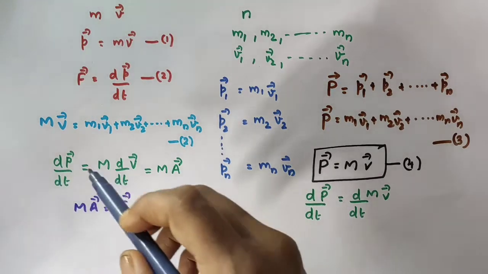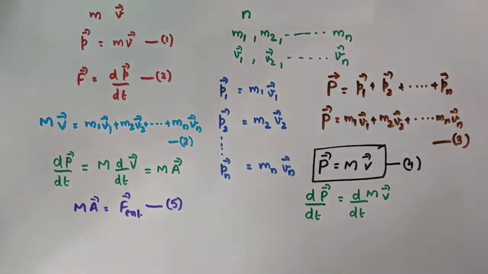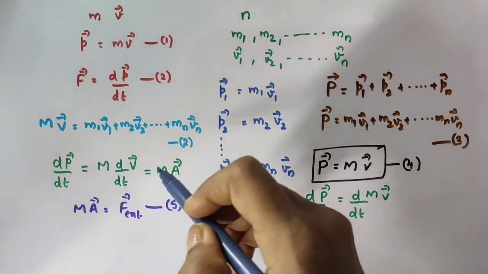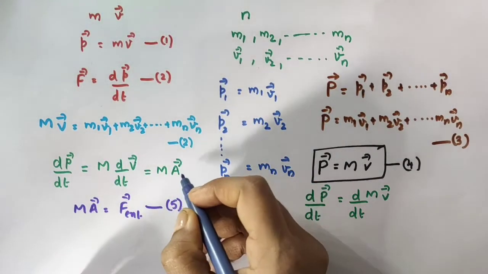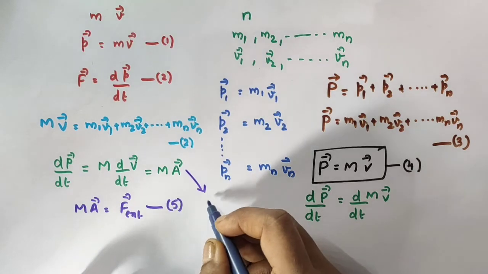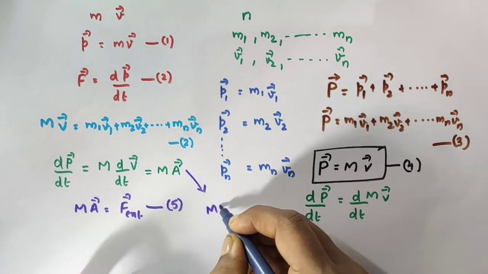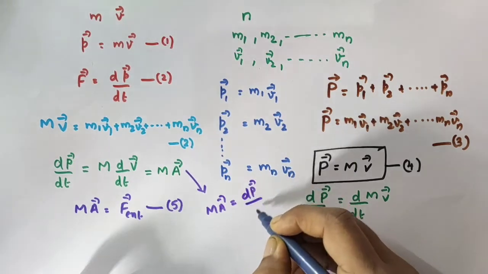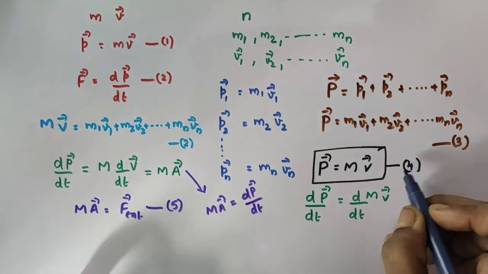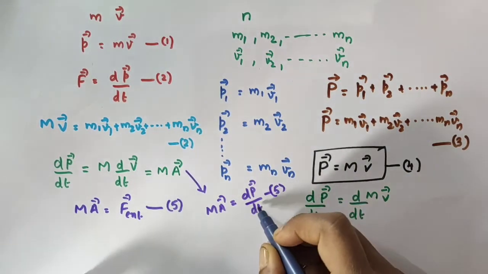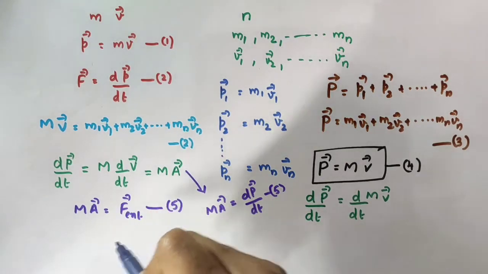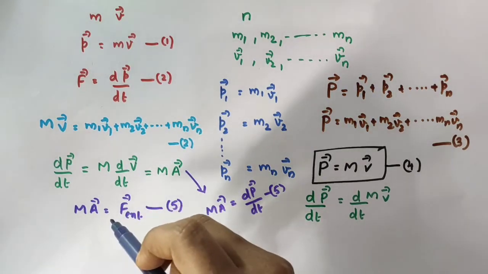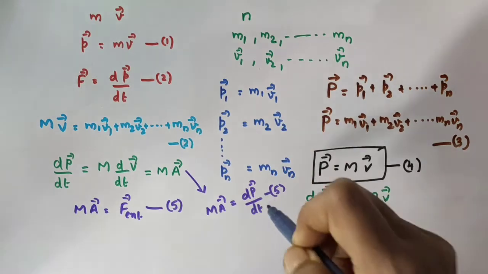Here we got d vector P divided by dt is equal to m into vector A. That is, m into vector A is equal to d vector P divided by dt. This was equation number 4 now, so I am taking this as equation number 5 in this video.